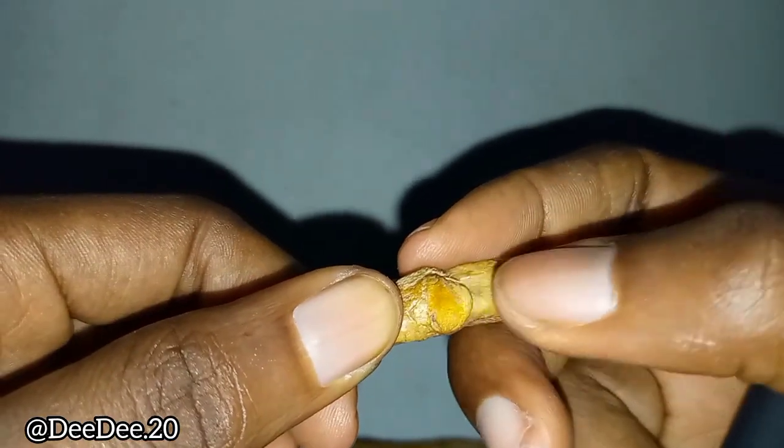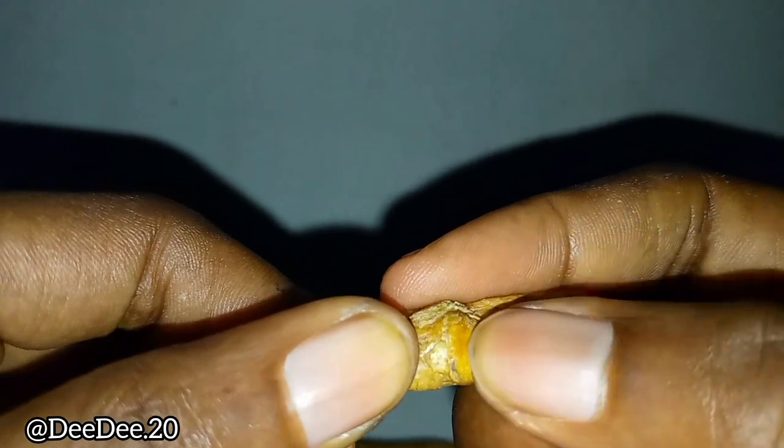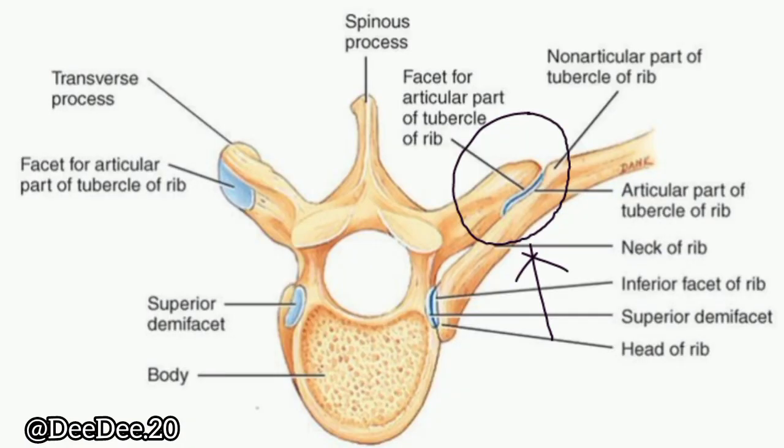So assuming this is our seventh rib, this medial articular part or facet is going to articulate with the transverse process of the seventh thoracic vertebra, and be sure to write the costal facet on the transverse process of the seventh thoracic vertebra. This is the seventh rib, so the seventh thoracic vertebra, the transverse costal facet.